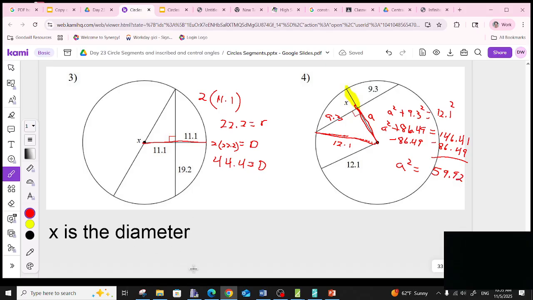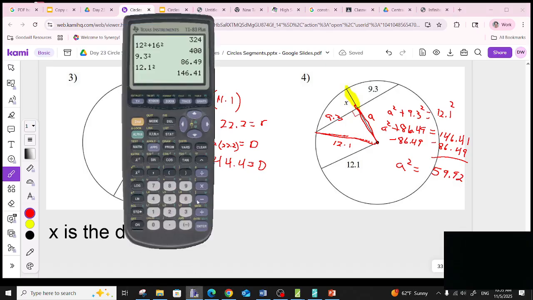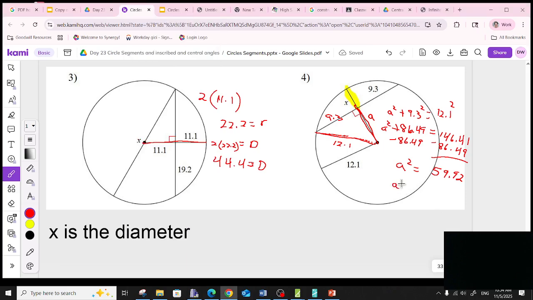Let me double check. 146.41 minus 86.49 is 59.92. Yeah, that was right. And now take the square root of that. And we get 7.74, right? A equals 7.74.